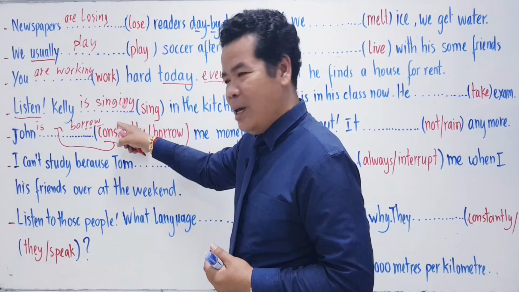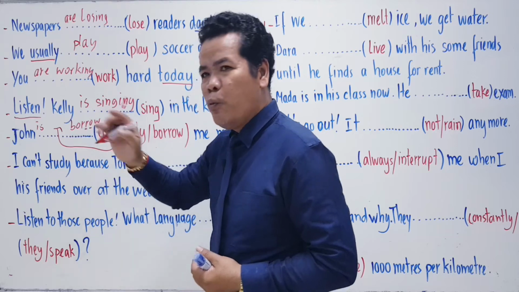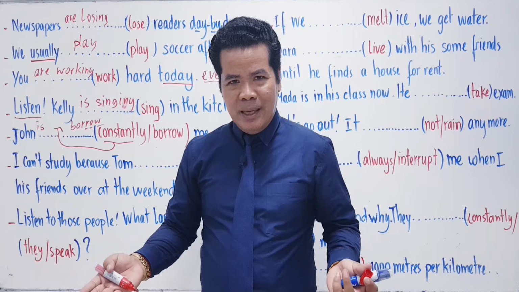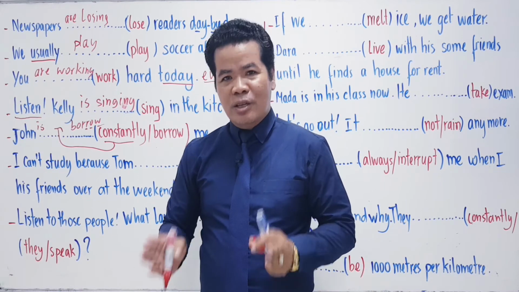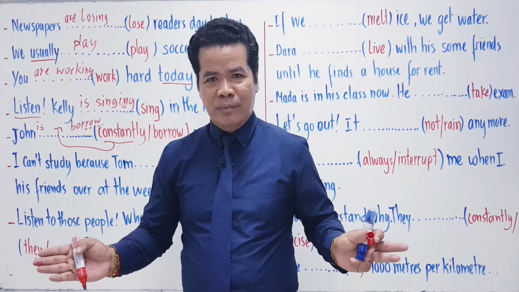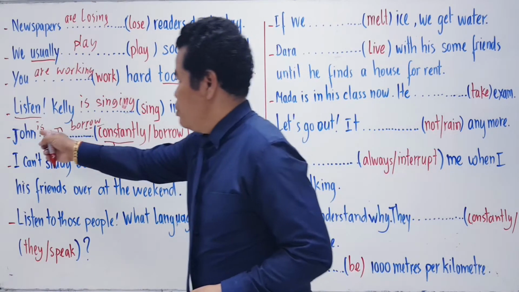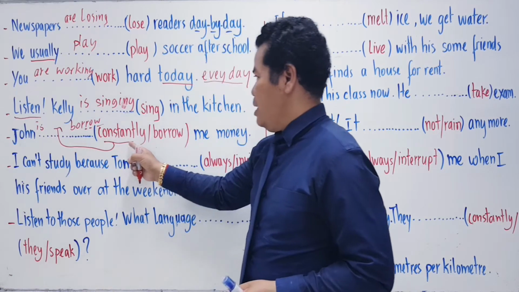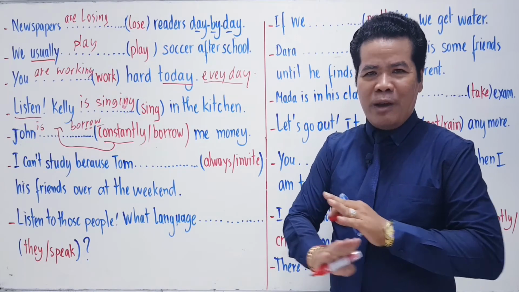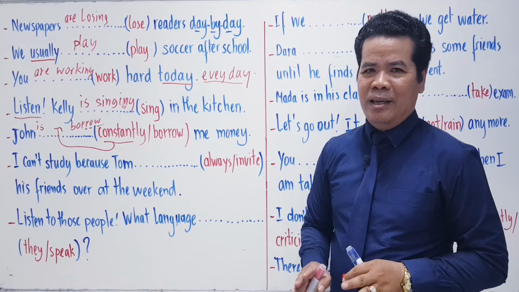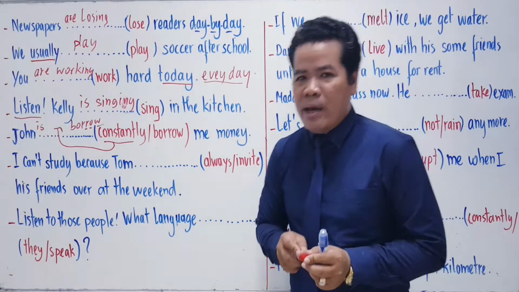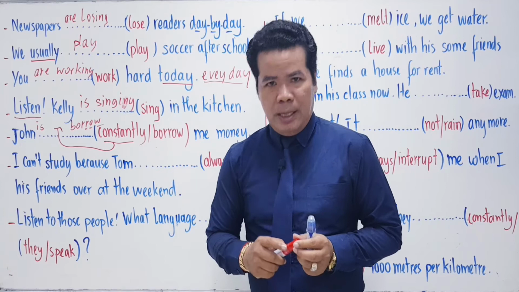We cannot, because it is in the first rule: verbs ending with W, Y, or X, just add ing at the end of the verb. That's all. So, John is constantly borrowing me the money. The meaning is enough in the sentence. We talk about slightly annoyed, annoyance or irritation.